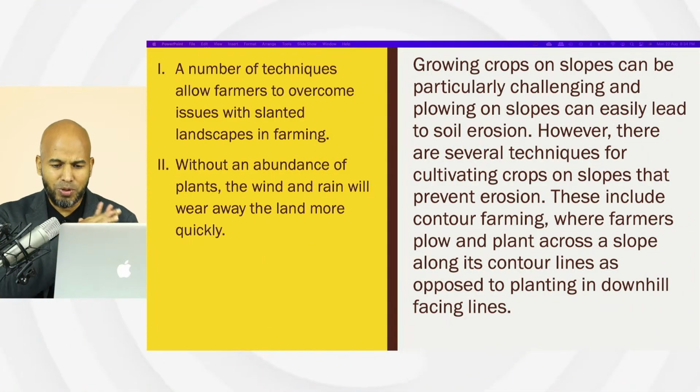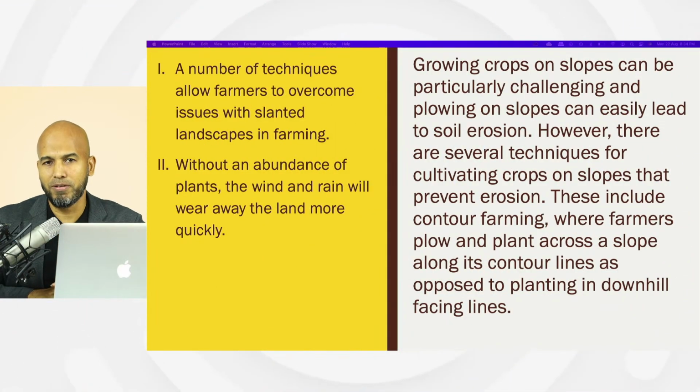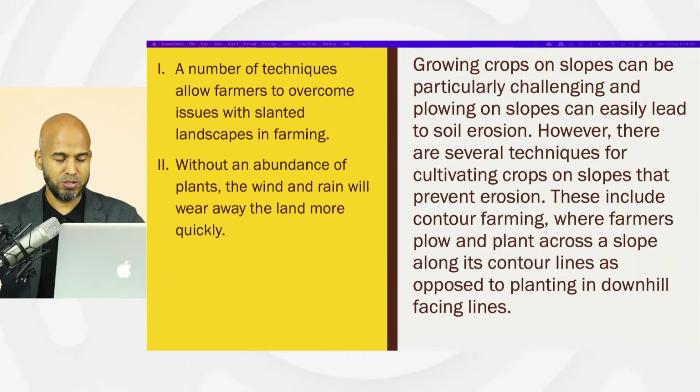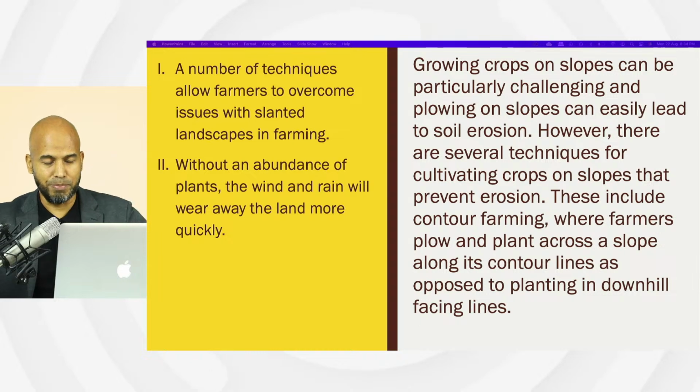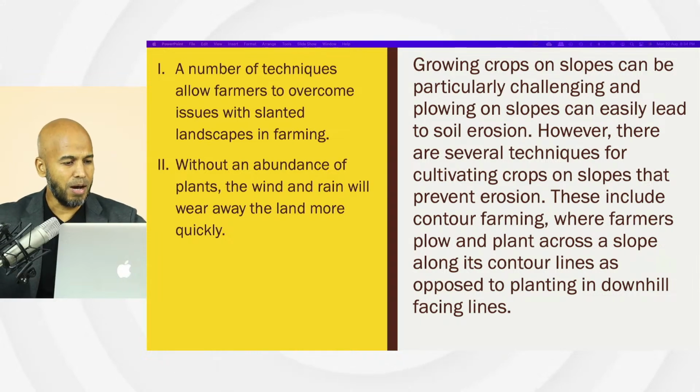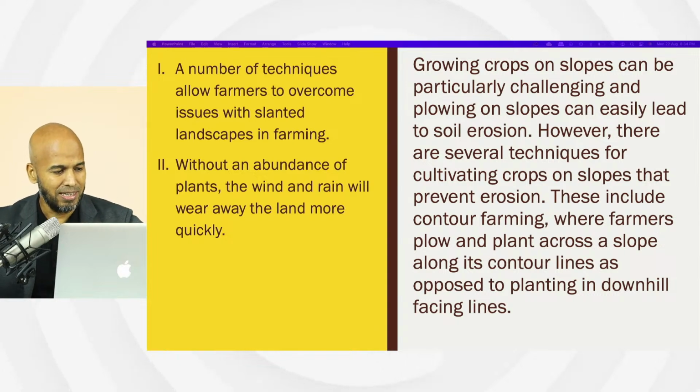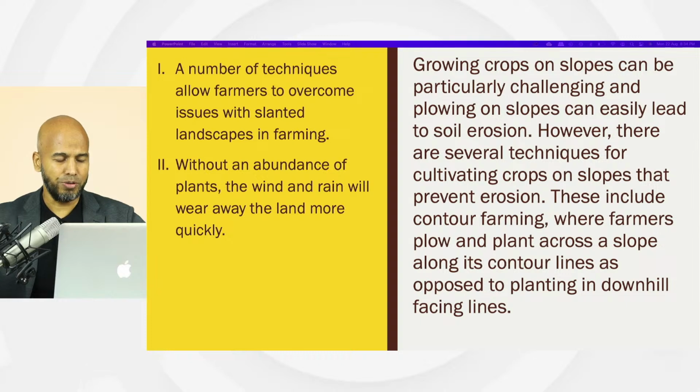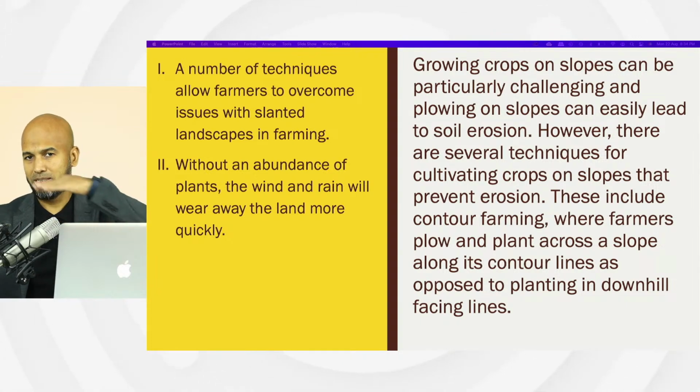Now, this one is a bit more difficult than the previous one, of course. There are two different statements. Statement number one: a number of techniques allow farmers to overcome issues with slanted landscapes in farming. If you don't know the meaning of slanted, it is slopey.